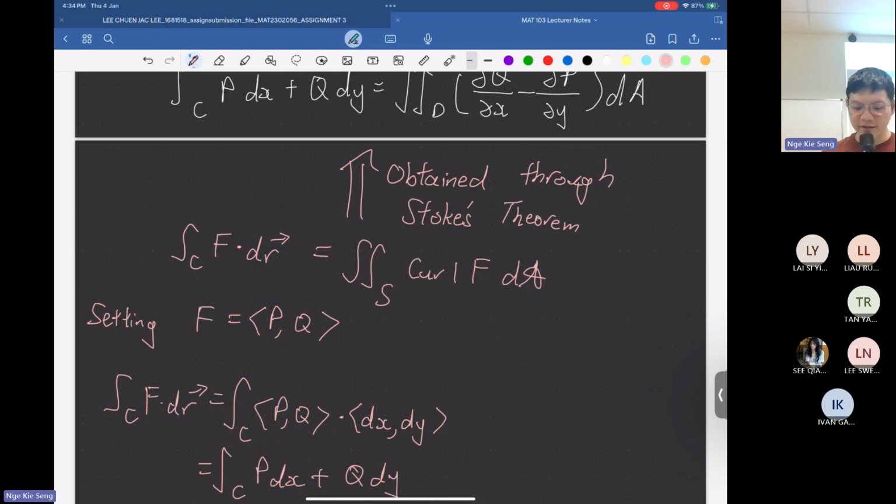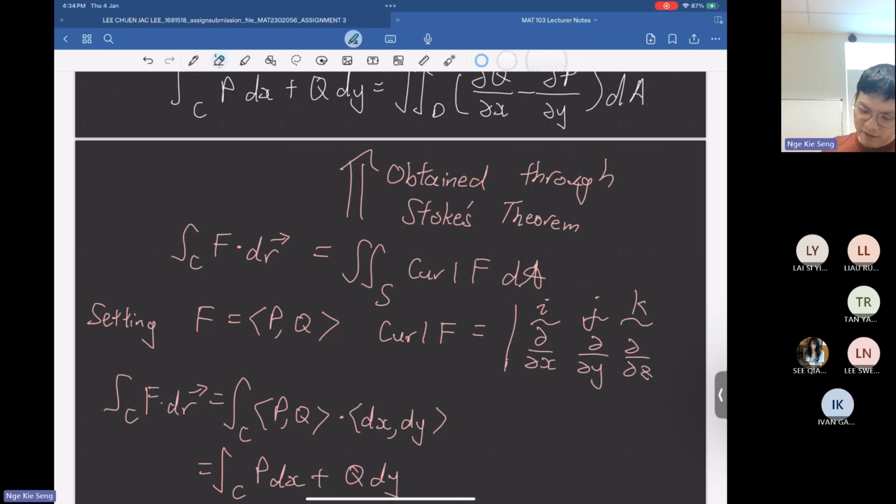How about the right hand side? What is the curl of this F? You need to take your del, the gradient operator, cross with your vector field. But maybe you find it a bit puzzling. What's the k component?